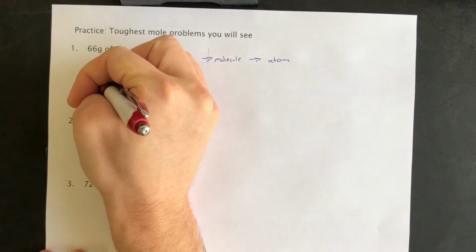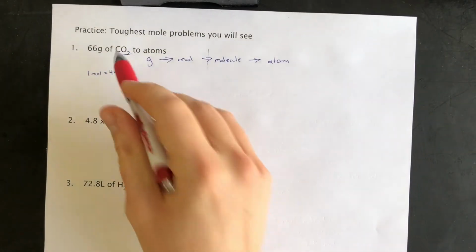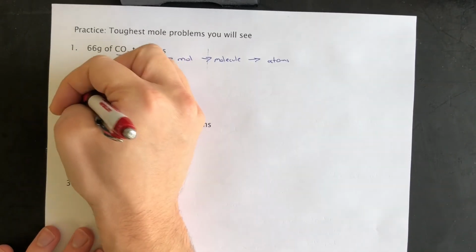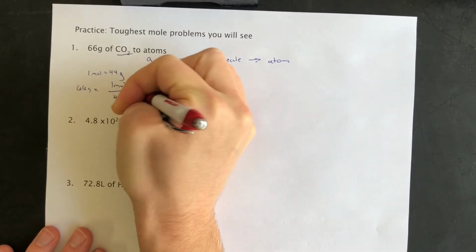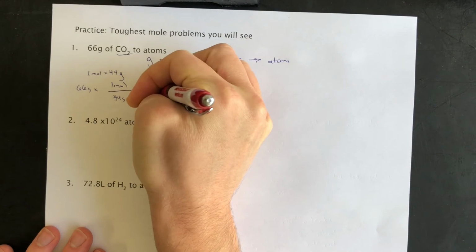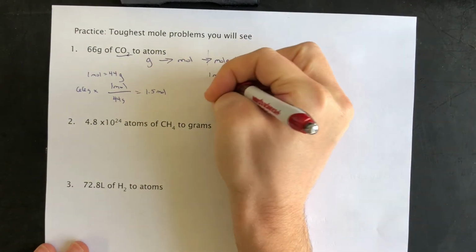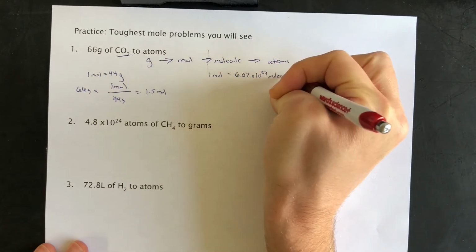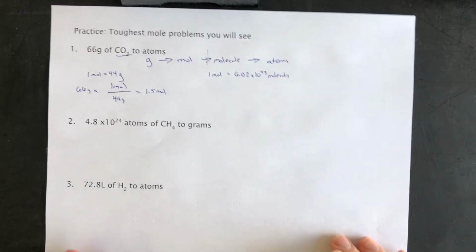So for CO2, 1 mole is equal to 44 grams. You just have to look up carbon and oxygen on your periodic table. 12 plus 16 times 2 is 44. So 66 grams times 1 mole over 44 grams gives you 1.5 moles. We then want to go to molecules. 1 mole is equal to 6.02 times 10 to the 23rd molecules.